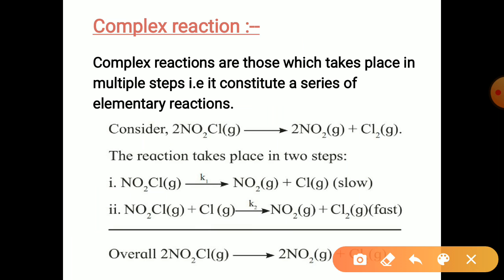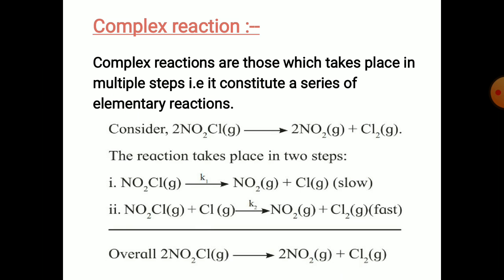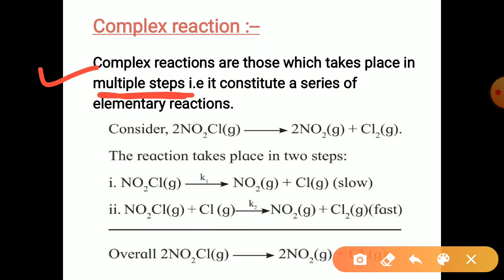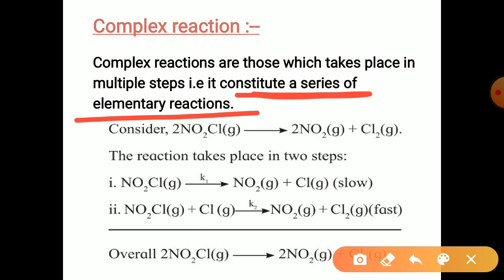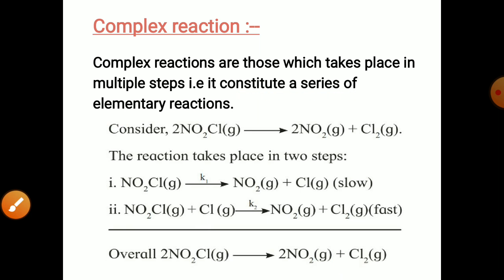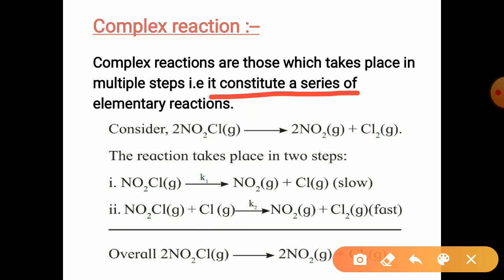On the contrary, complex reactions take place in multiple steps, not in one step. A complex reaction completes in more than one step and constitutes a series of elementary reactions.